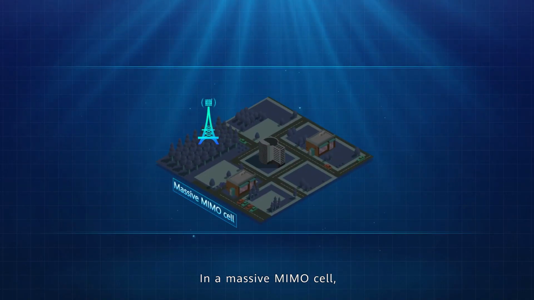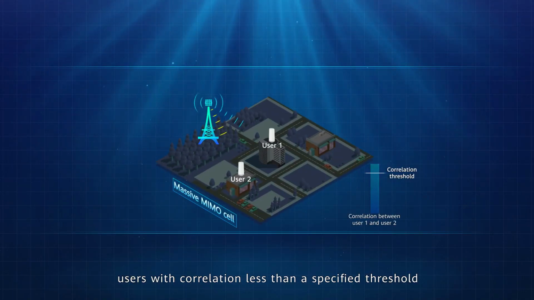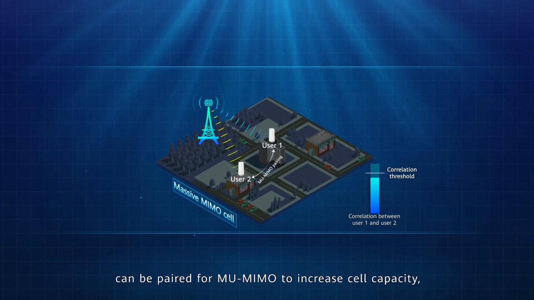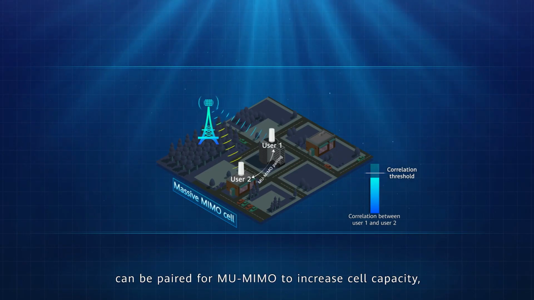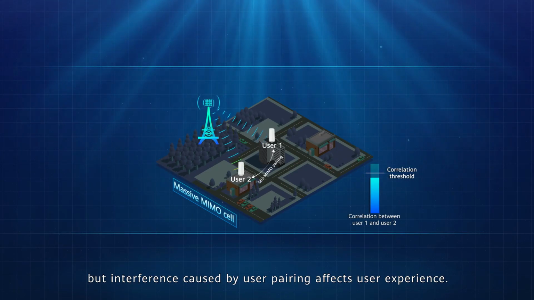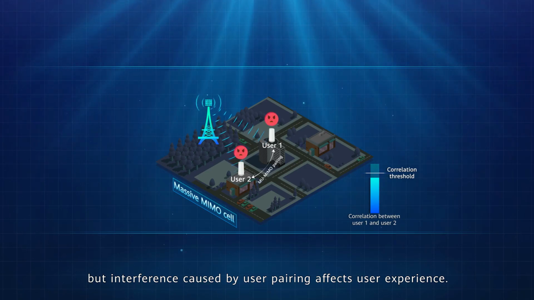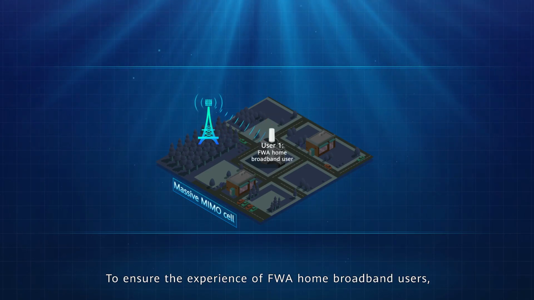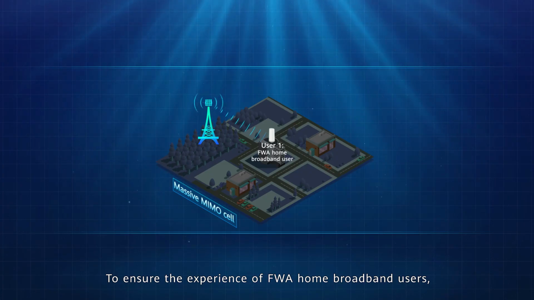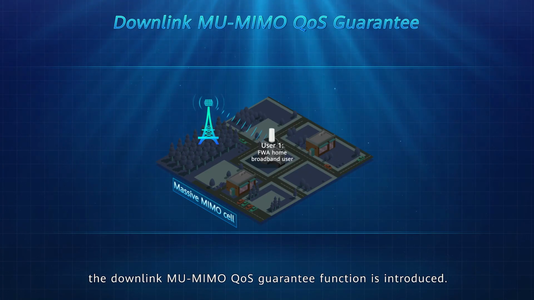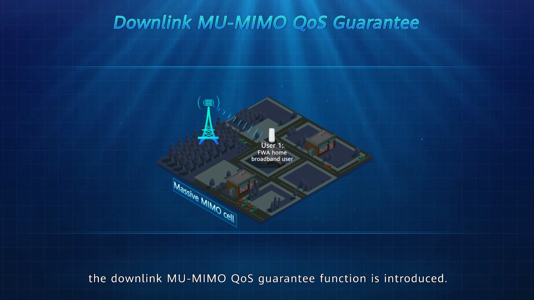In a massive MIMO cell, users with correlation less than a specified threshold can be paired for MU-MIMO to increase cell capacity, but interference caused by user pairing affects user experience. To ensure the experience of FWA home broadband users, the downlink MU-MIMO cost guarantee function is introduced.